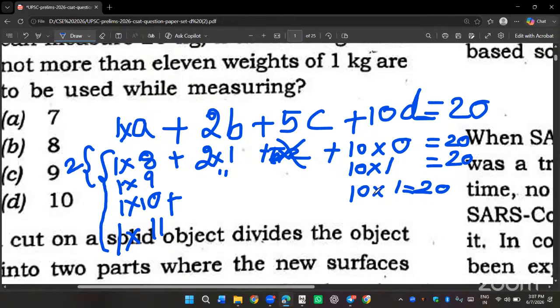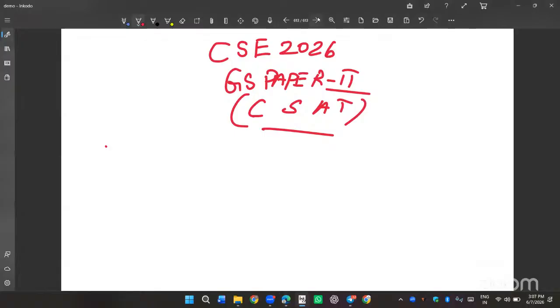Or instead of doing this, I can take 5 kg weight 2 times. So in this way, we can get 20 kg in different ways when I take 10 1 kg weights, similarly 11, similarly 9. So I go to this page that will help you to understand easily.